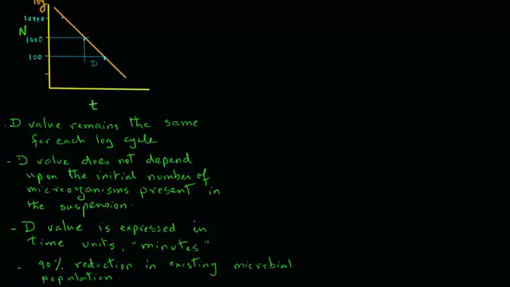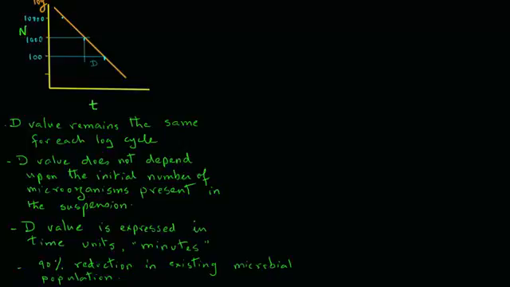We will also observe in later tutorials that the D value for microorganisms and for nutrients present in the food vary considerably. In fact, the D values for nutrients can be 100 to 1,000 times the D value for microorganisms.